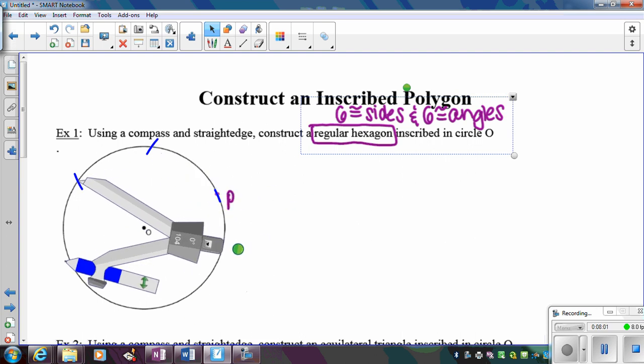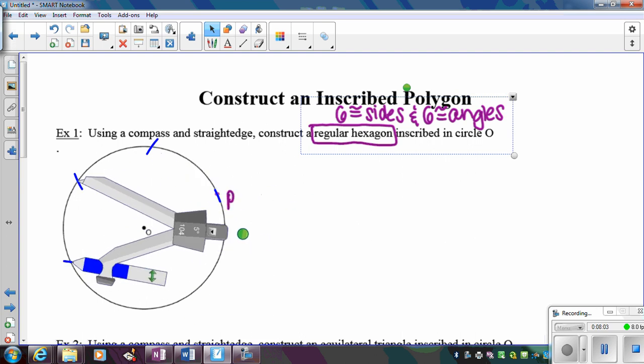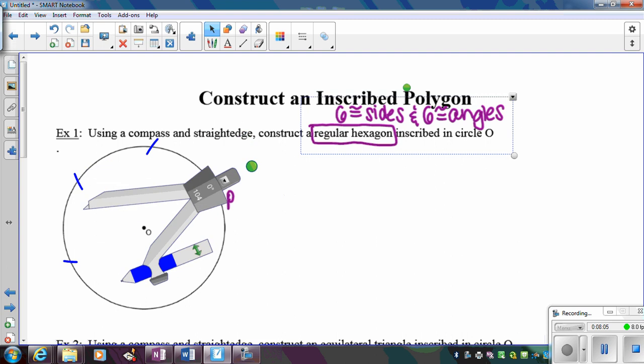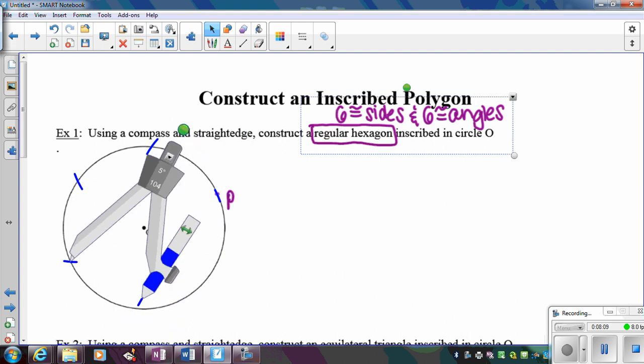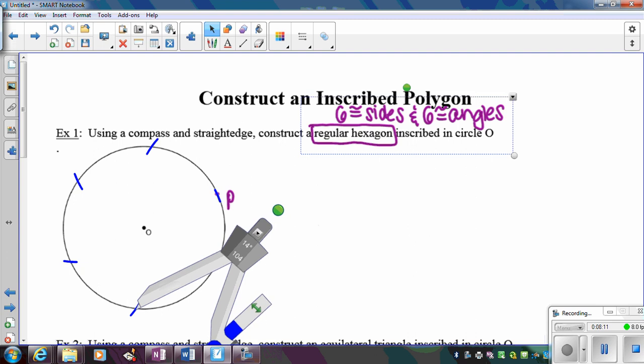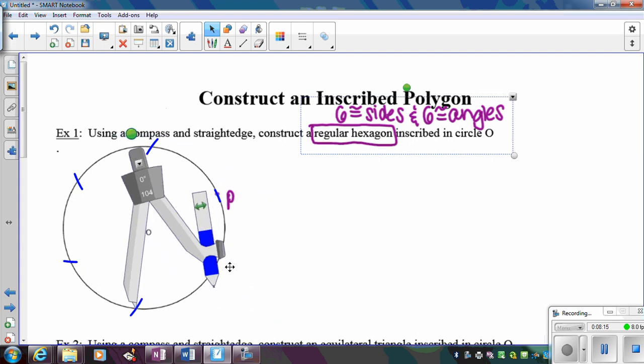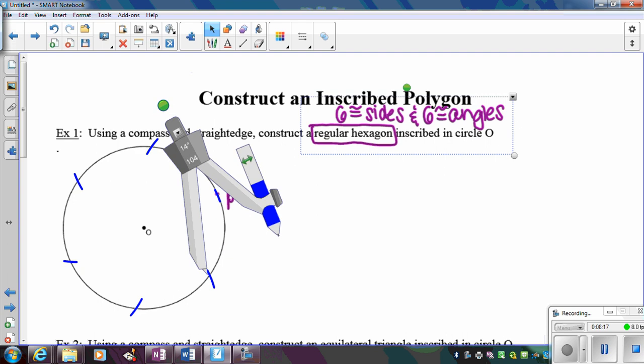I'm being very careful about making sure I'm trying to be as accurate as possible with this, because what our end goal is to get our compass, our last arc, to go through point P. And if you're not being accurate, it's not going to lie perfectly on that point.